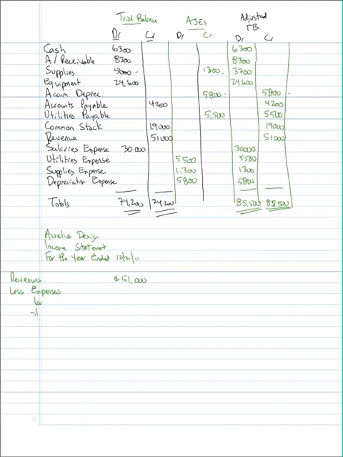We have our expenses. Salaries were $30,000. Utilities, $5,500. Supplies, $1,300. Depreciation was $5,800.